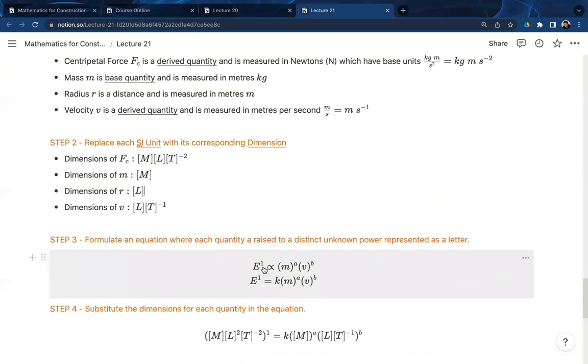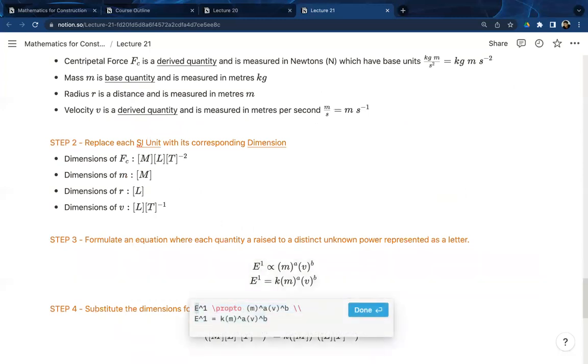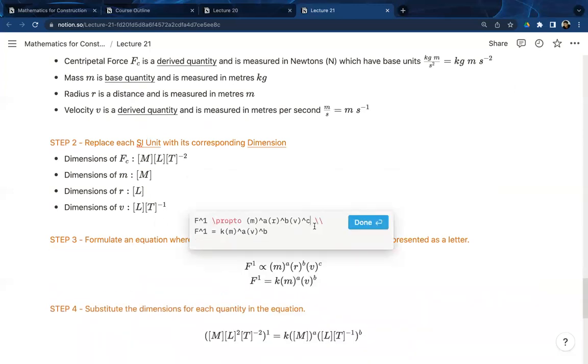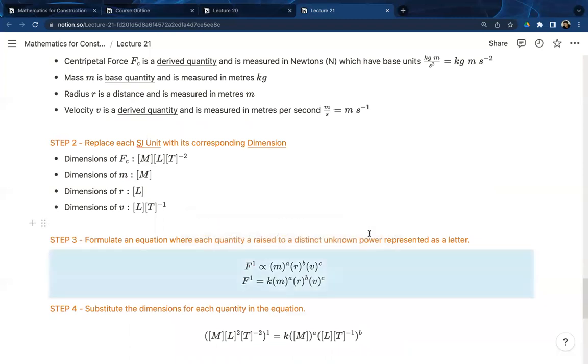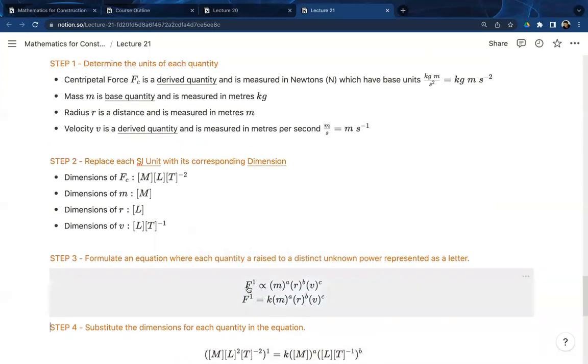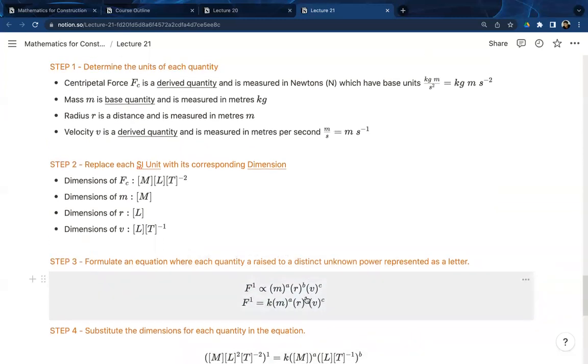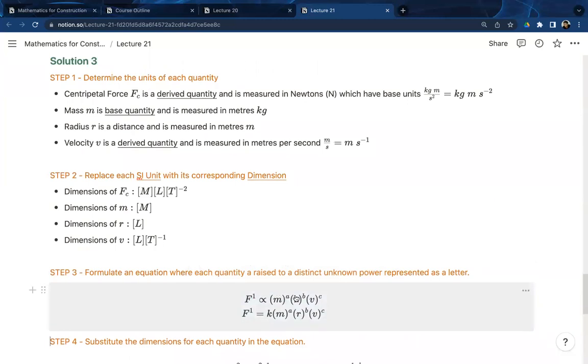So we're formulating an equation now. I wouldn't say subscript C, I'm just going to say F. So F is proportional to a couple of things: M to the power A, R to the power B and V to the power C. So force is the product of mass, radius, and velocity to some unknown powers.